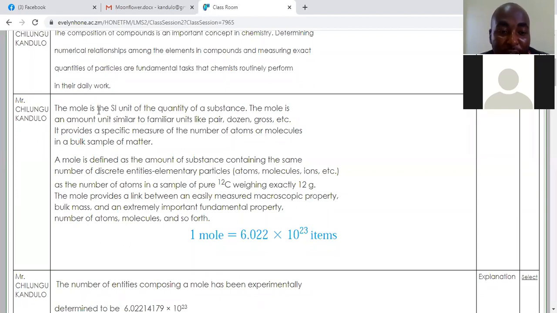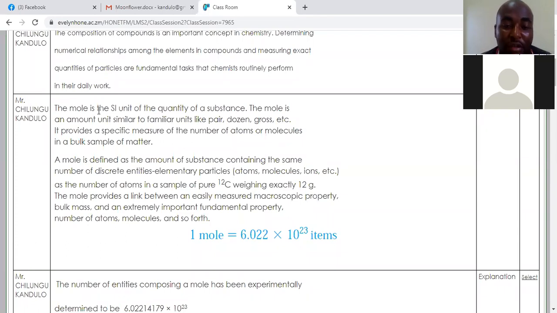So we explain now the definition of the mole. It's an amount of substance containing the same number of discrete entities, which are elementary particles. These can either be atoms, molecules, ions, electrons, etc. As long as something is that exact number, then it qualifies to be called the mole.